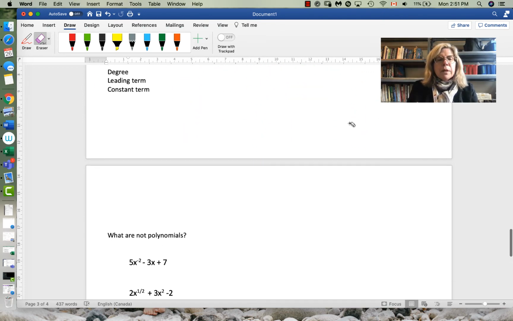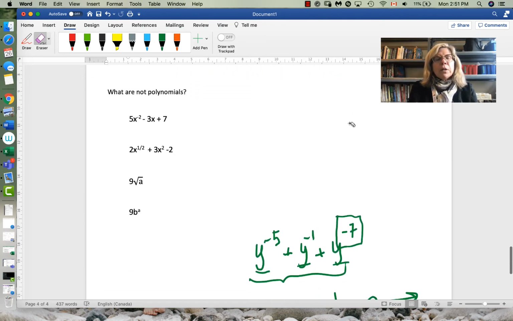Okay, we've talked a little bit about that down below here, where we've looked at some examples of things that are not polynomials. I don't know if you can see very well on your screen, but this says 5x to the minus 2 minus 3x plus 7.